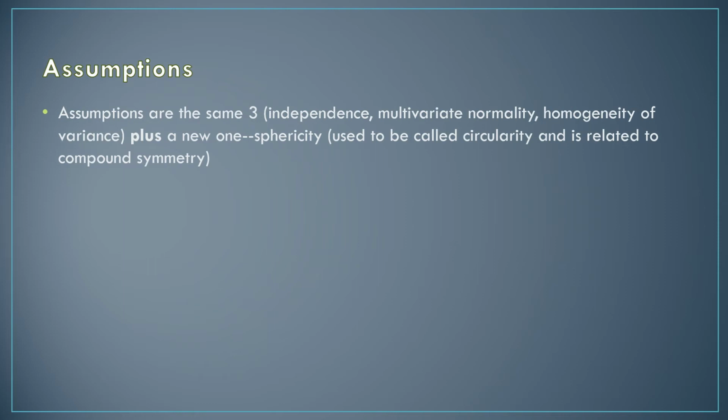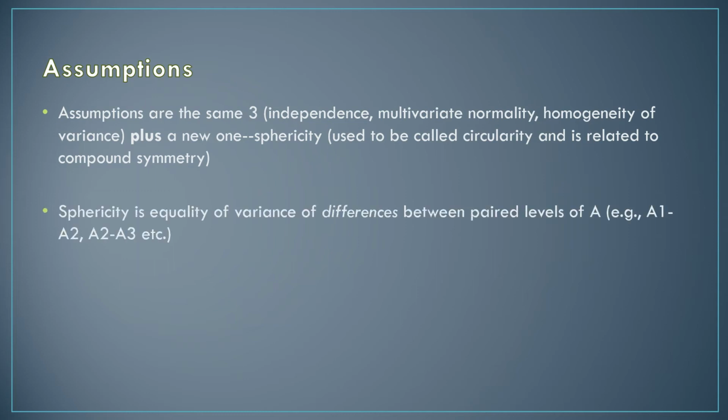But you also have this new one that's called sphericity, and it goes by a couple of different names. It's been called circularity, but it's related to compound symmetry. So compound symmetry and sphericity are not the same thing, but they are related to each other, and they both are important in thinking about this new assumption.